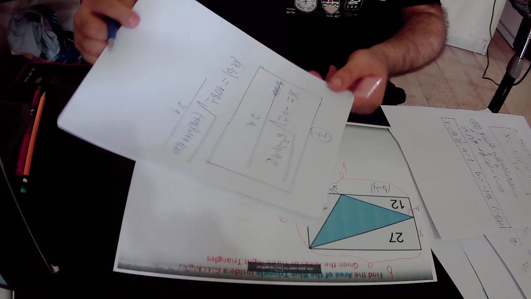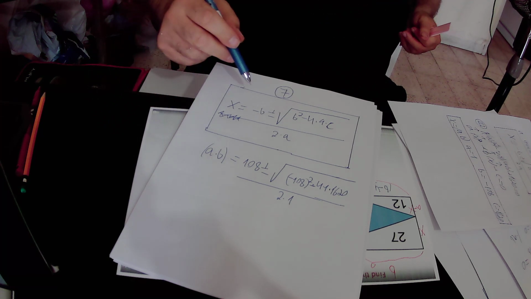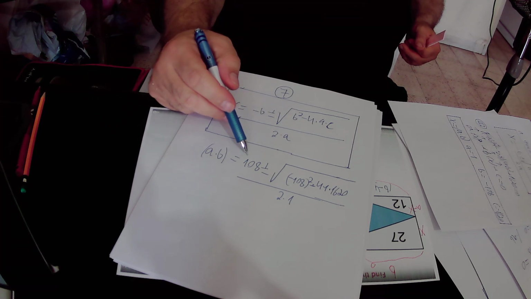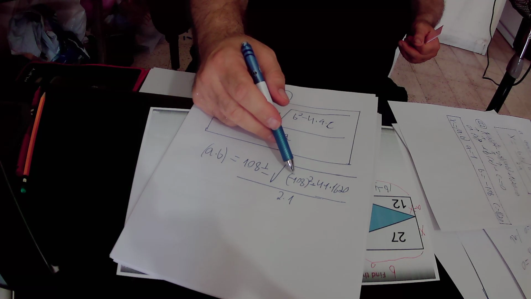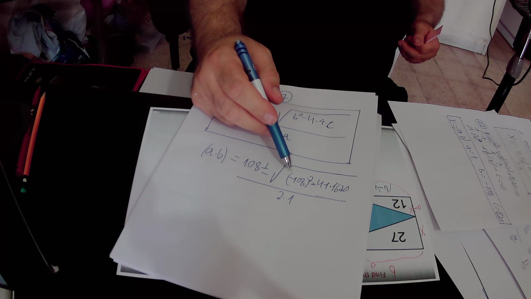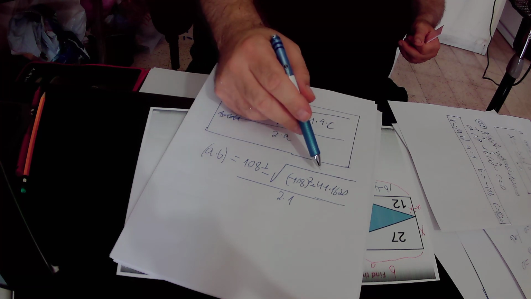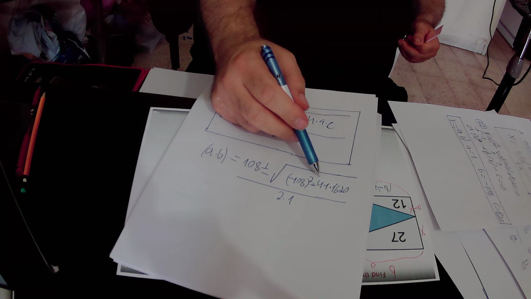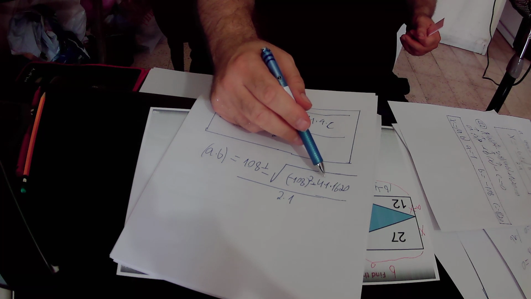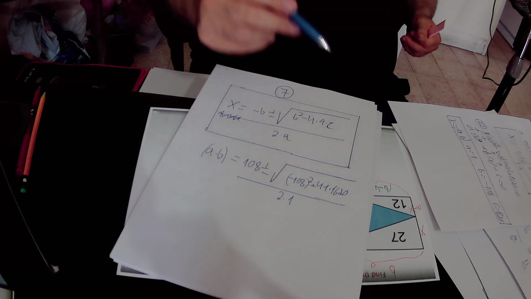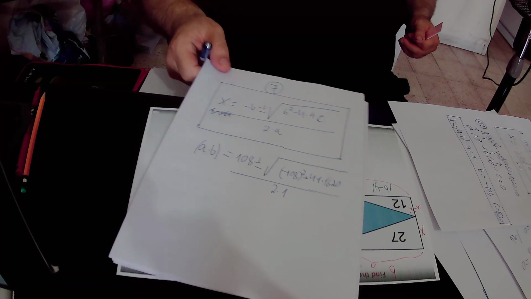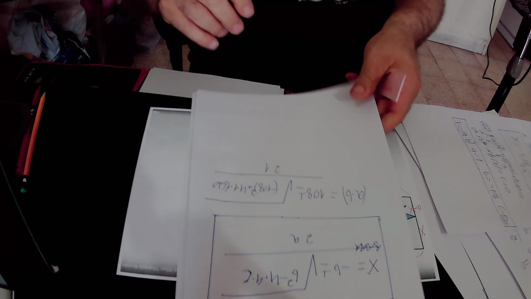You can see again, minus b is minus 108, that is plus 108, plus or minus the root of b squared minus 4ac, with a equals 1 and c equals 1620, so it is 4 times 1 times 1620. Okay, so now we'll do the calculations.